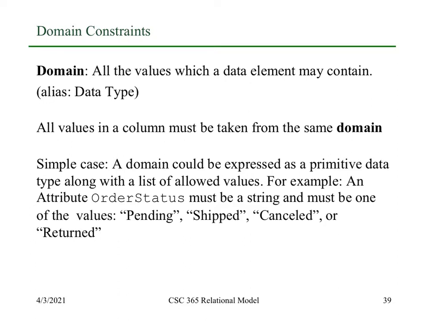A simple domain might be you've got a list of allowed values for some attribute, say order status, and you might store that as a string, and it must be one of the values pending, meaning you're waiting to do the order, shipped, canceled, or returned. And also many things like numbers will be limited to specific values, like you might only care about positive integers.